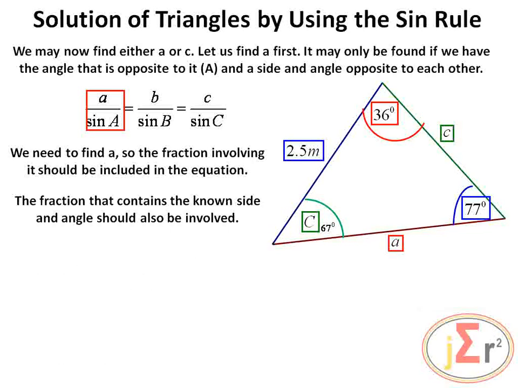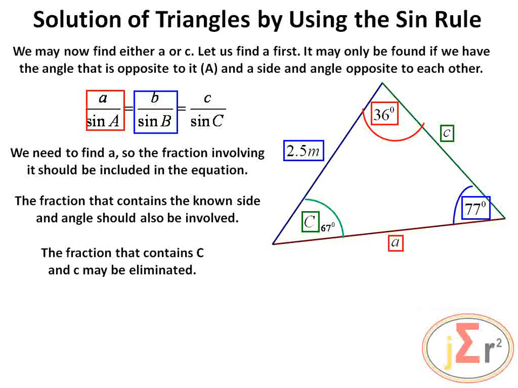In this particular case, and as is usually the case in trigonometry and mathematics in general, we cannot solve unless what we intend to find is the only unknown in the equation. So the other fraction must contain only known values. So the fraction that contains C and its associates is eliminated.